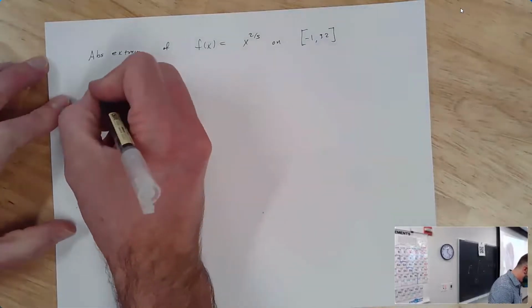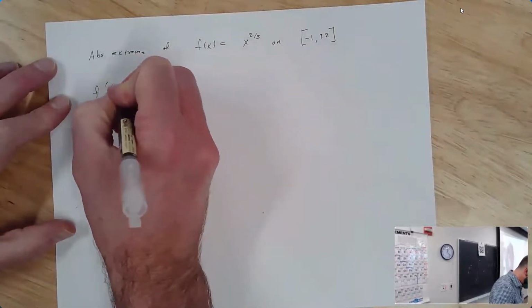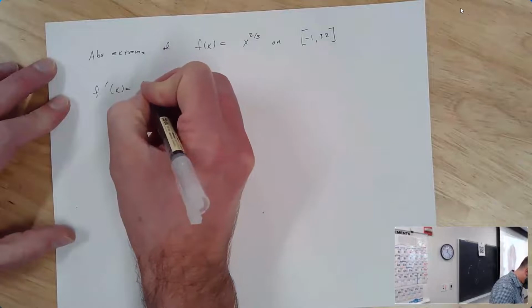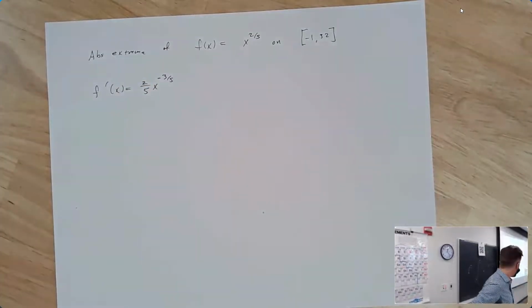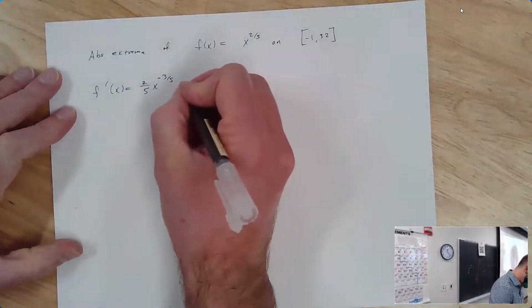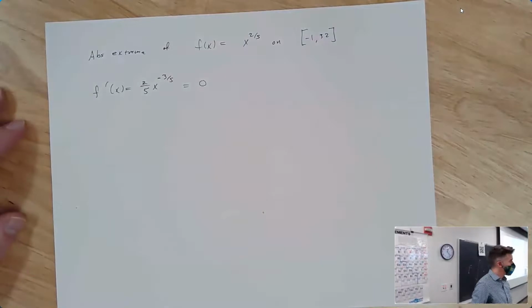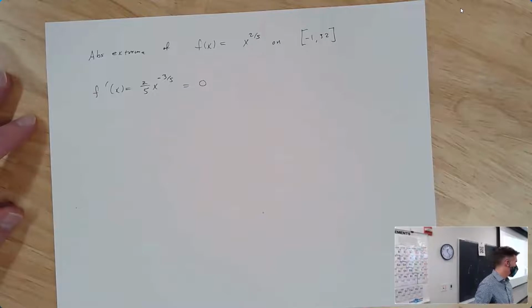So we're going to take the derivative, which is 2/5 times x to the -3/5. And if we set this equal to 0, are there any solutions? No. There's nothing that makes this equal 0.